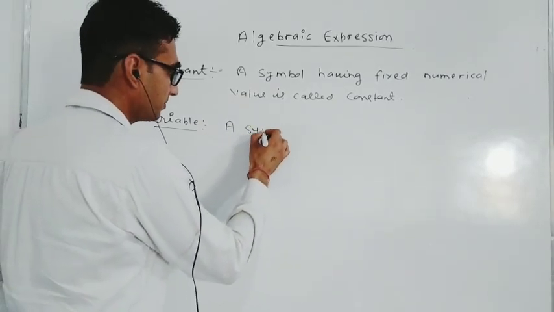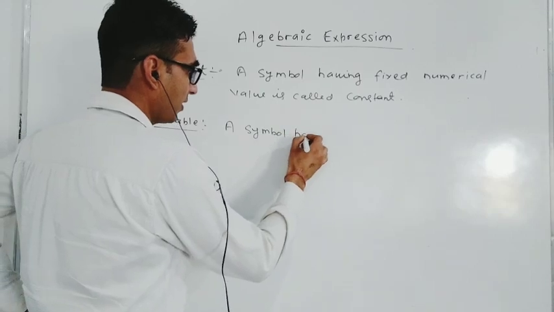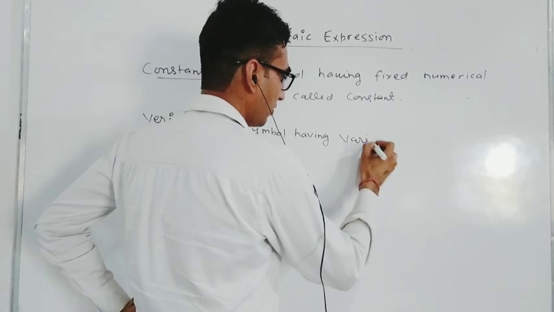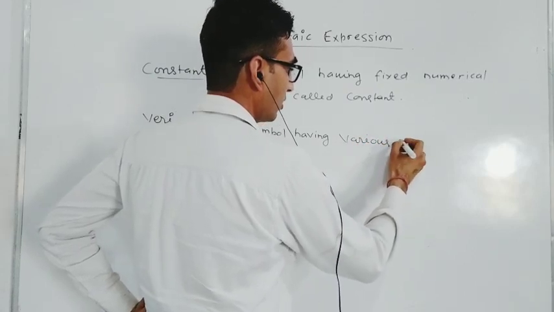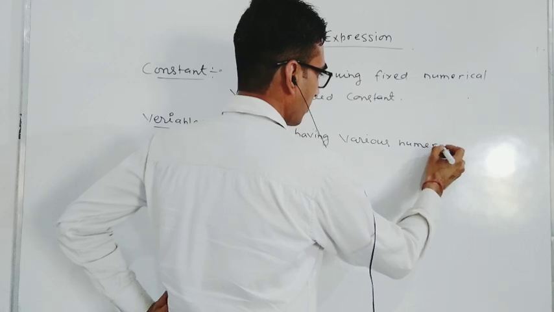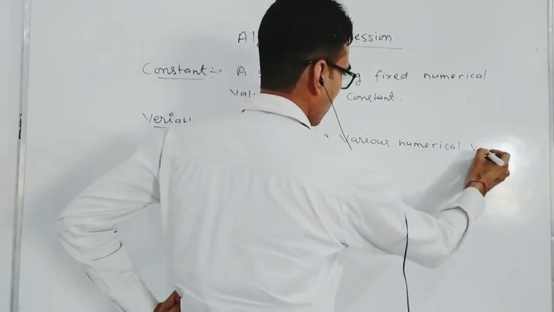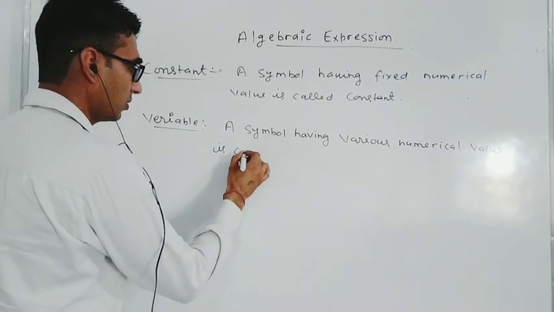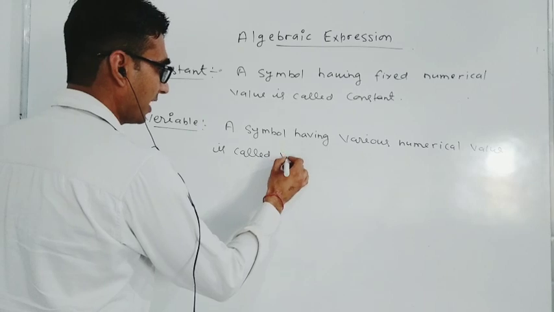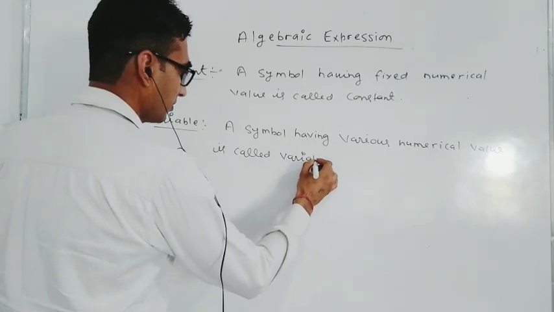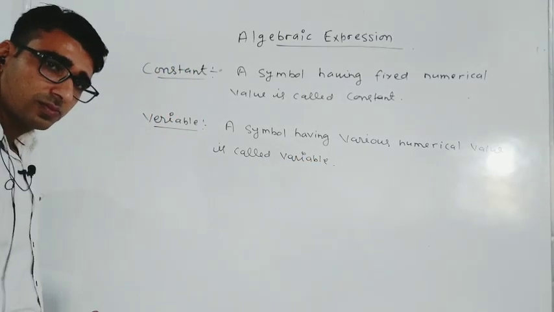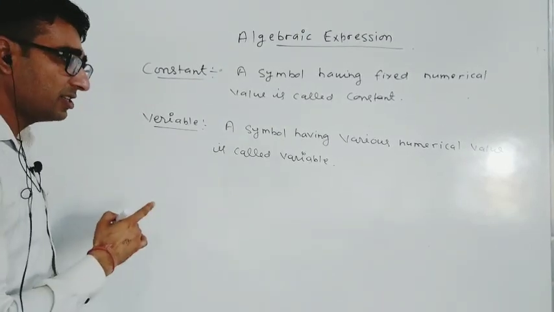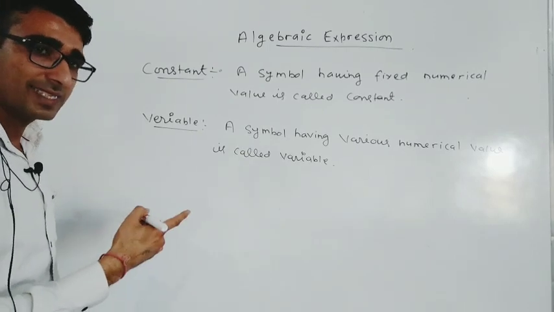A symbol having various numerical value is called variable. Did you get the point? No? Okay. Let us understand this by some examples.